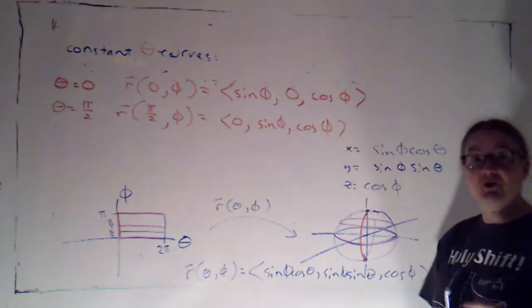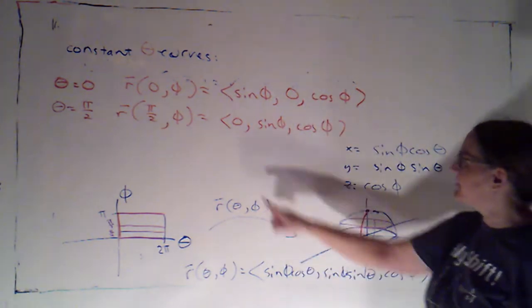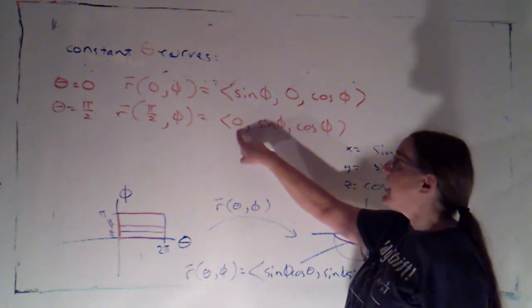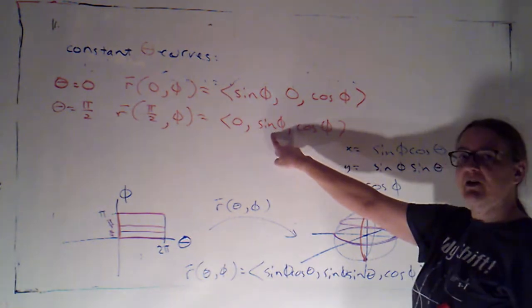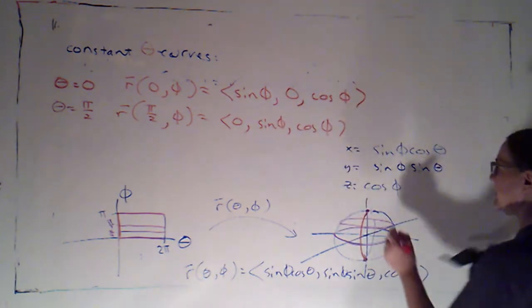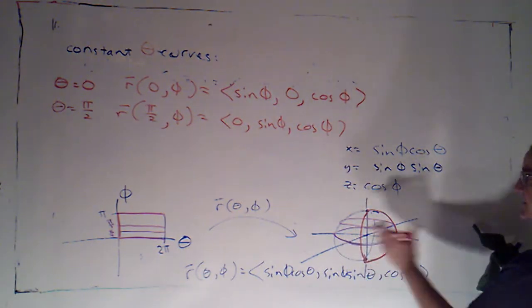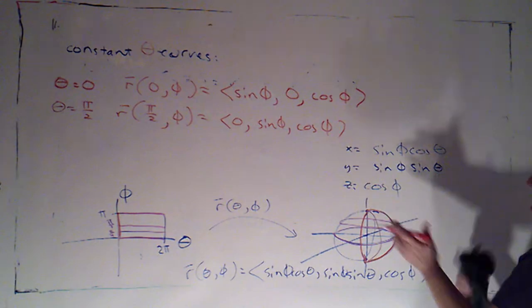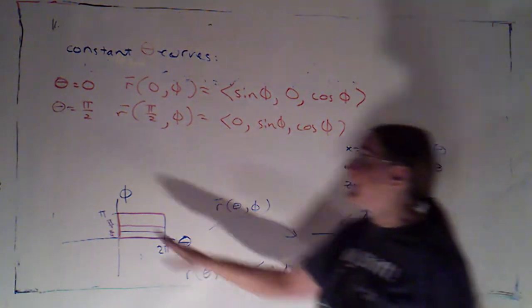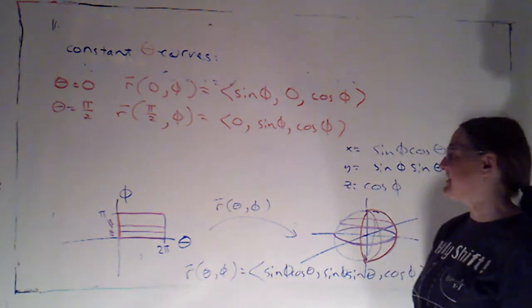Again, just half of a circle because of the restrictions on phi. That's going to be drawing a half of a circle in the plane where x is equal to 0. So that's in the yz plane. And here my y values are strictly positive. So that's this half circle. And if I chose something in between, I'd just be getting a half circle basically in the half plane that has theta equaling whatever I'm holding it constant at.